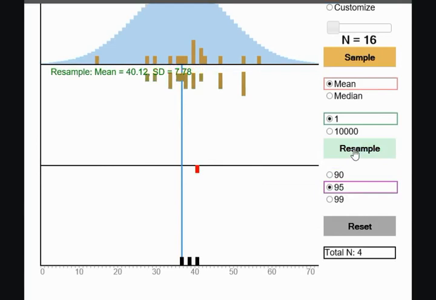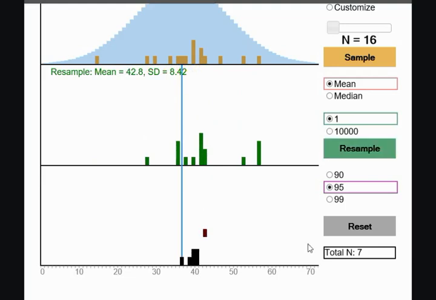And then what's happening when we resample is SPSS is building up a new sampling distribution of the means based on the means of these samples taken from our original sample.